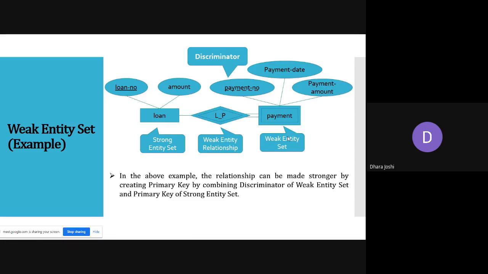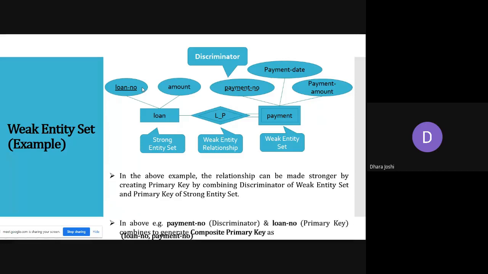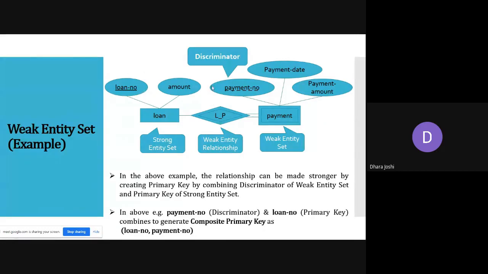So in this example, the relationship can be made stronger by creating a primary key. Which primary key will we create? We need to combine discriminator of this weak entity set and primary key of this strong entity set. So now we have payment number, discriminator, and loan number, primary key.